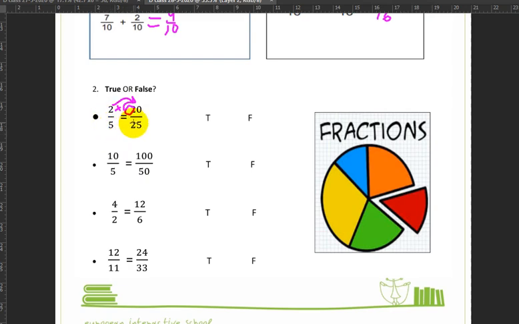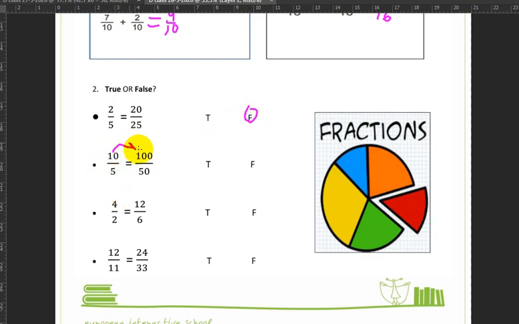But then if I multiply 5 by 10, I should have 50 here, but I don't. If you start from the bottom, 5 times what gives me 25? 5 times 5 gives me 25. If I do 2 times 5, I'm going to get 10. So neither of those is correct. So this is false.